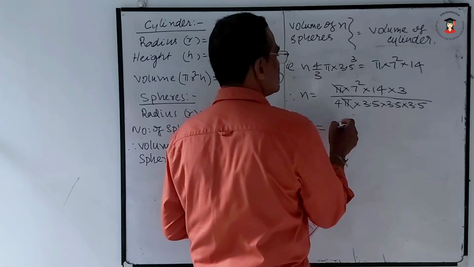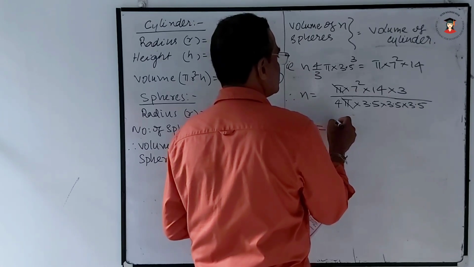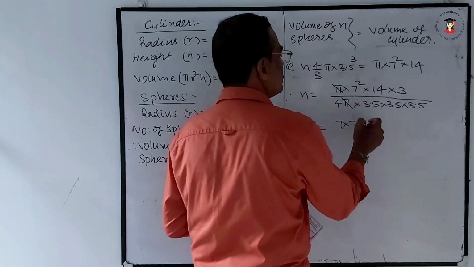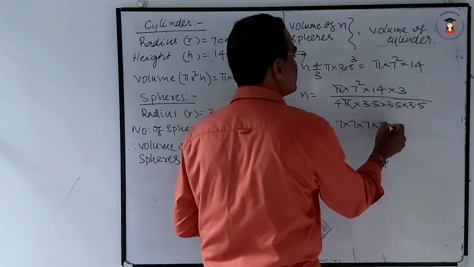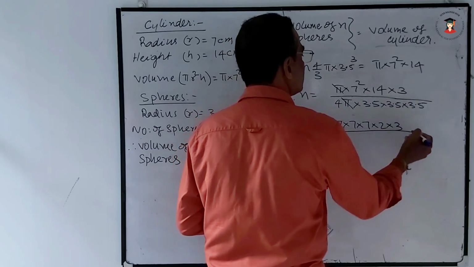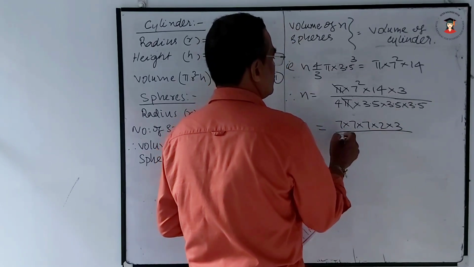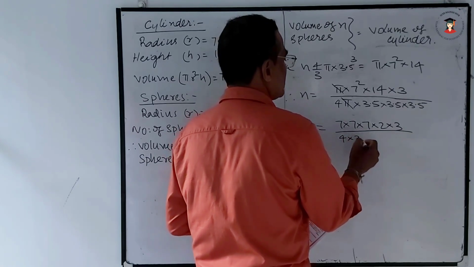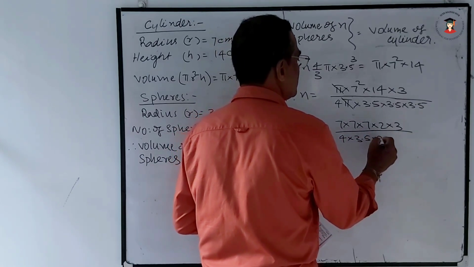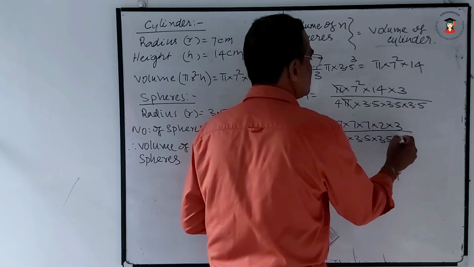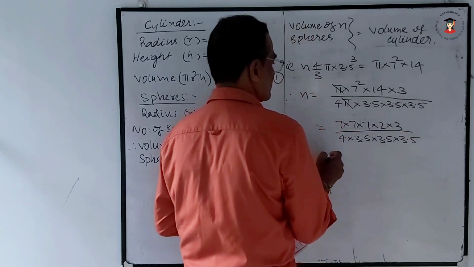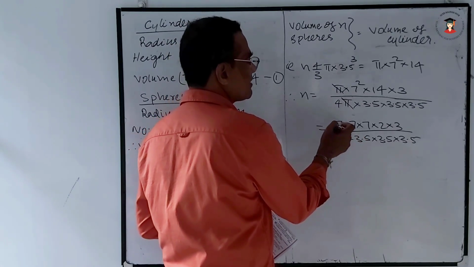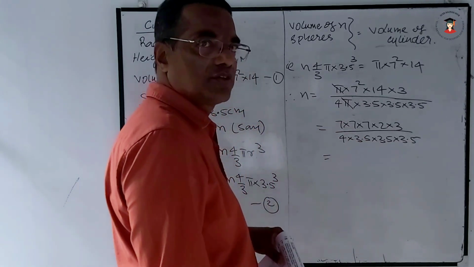7 square means 7 into 7, and 14 means 7 into 2, then there is a 3, divided by 4 into 3.5 into 3.5 into 3.5. What I am going to do is divide 7 by 3.5. What will you get?